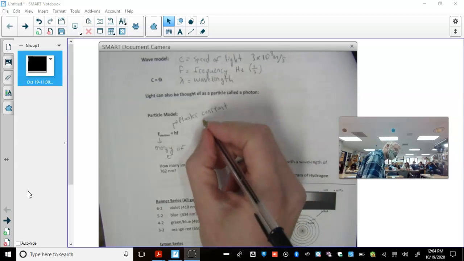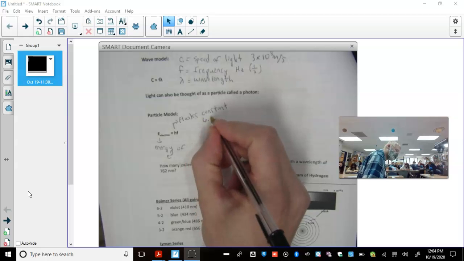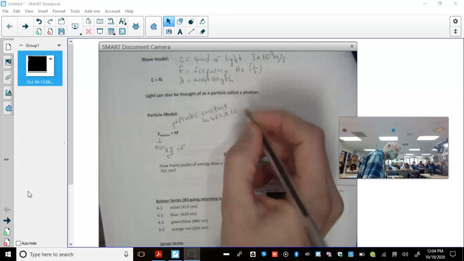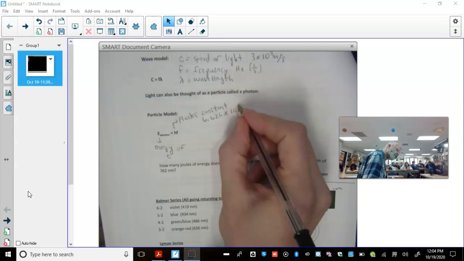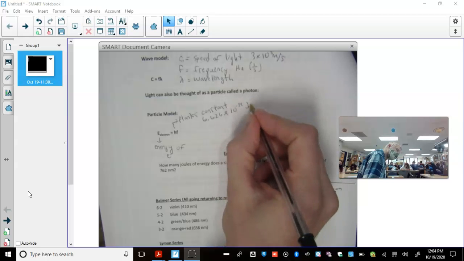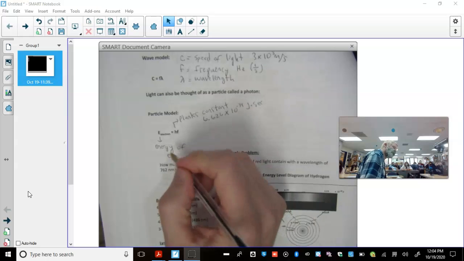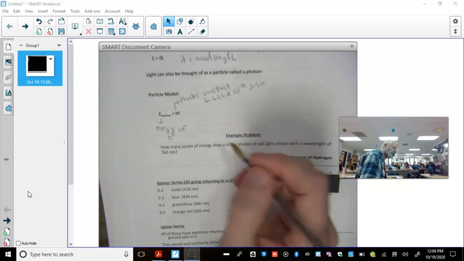And this is also in the first data table of constants in your data booklet. 6.626 times 10 to the negative 34 joules times second. So this is a unique constant that works out in all of these equations.